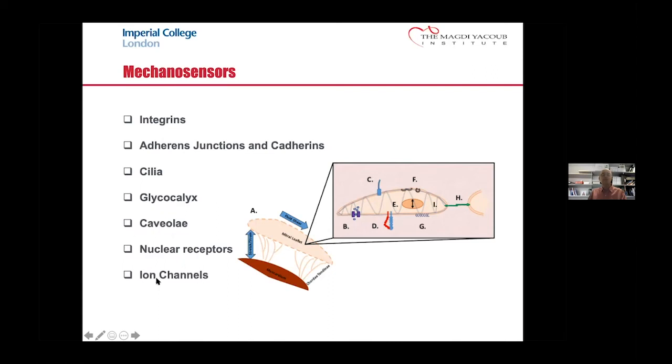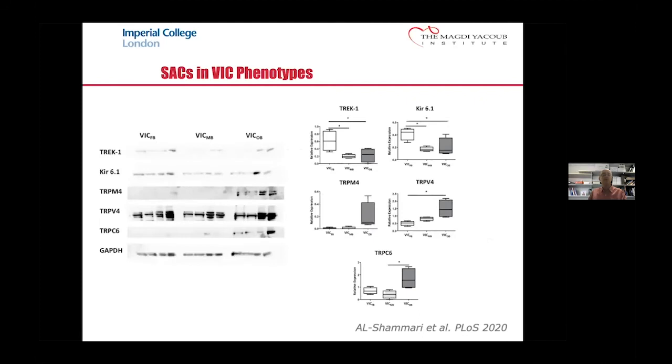But we've recently looked at mechanosensitive ion channels, and I'll show you a little bit of data just about how they are expressed in different valve cell types and some of the functional roles we've been able to identify for these cells. So we looked at a whole range of potassium sensitive and calcium sensitive mechanosensitive channels, the TRP channels and the potassium channels TREK1 and KIR 6.1, and showing that the expression of these channels varies according to the phenotype of the valve cell.